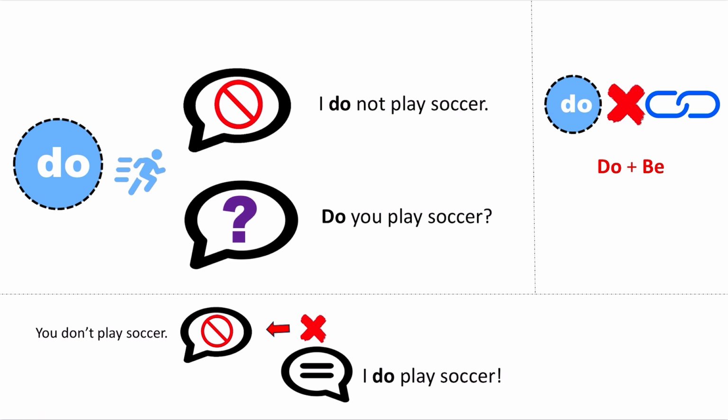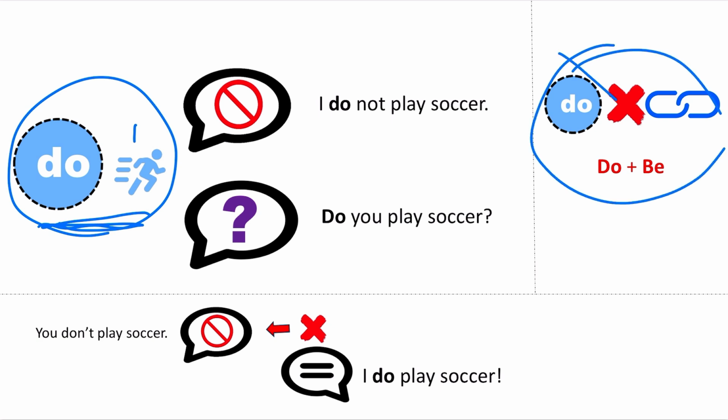So the most important thing to remember with this do helper verb is it only works with our action verbs, never with our be verb. I am do, he do, am, nothing like that. It's not a be verb.